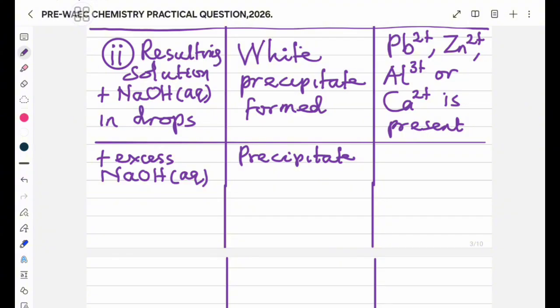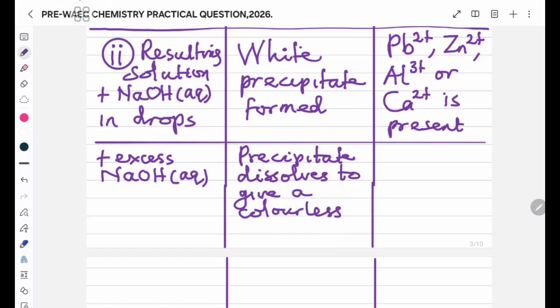So complete that statement: precipitate dissolves to give a colorless solution. That's color test again, and solubility test together. It dissolves to give a colorless solution, not just a solution. Again, what are the ions among these that will give white precipitate which dissolves to form colorless solution?